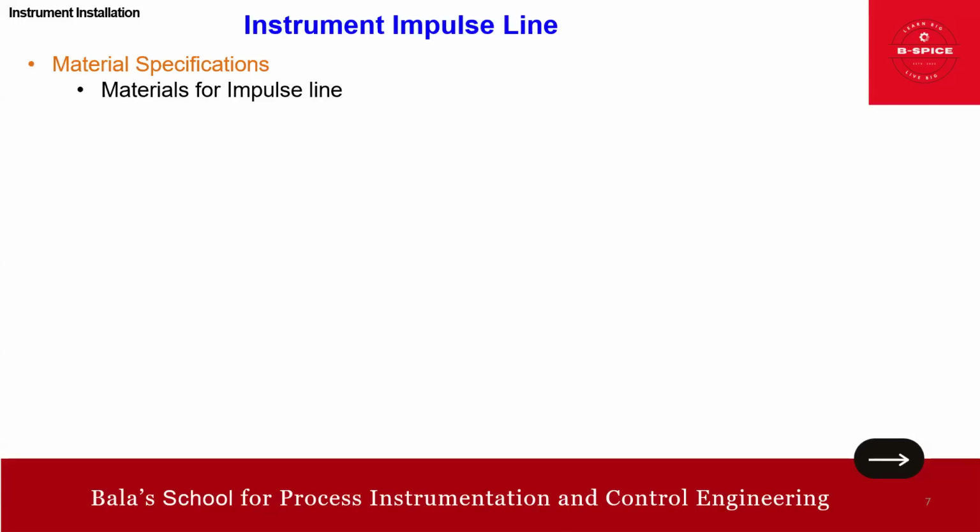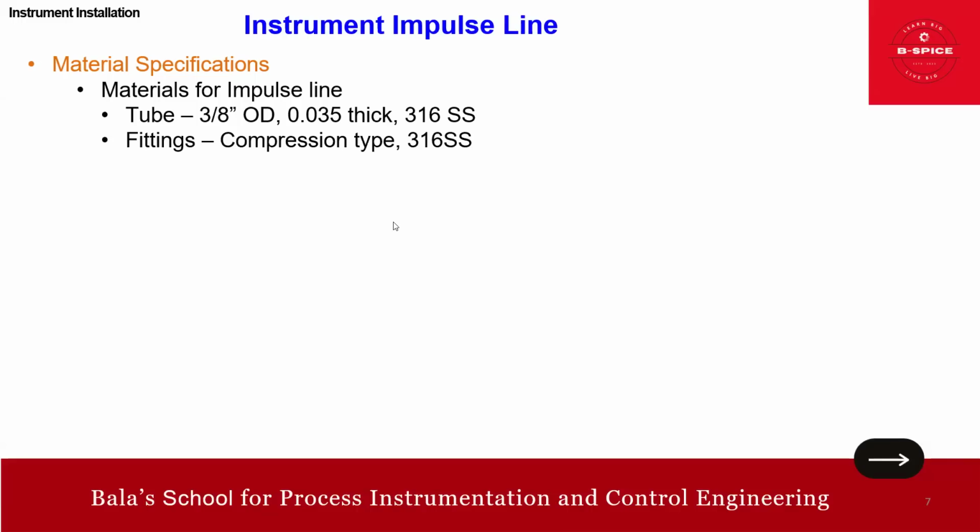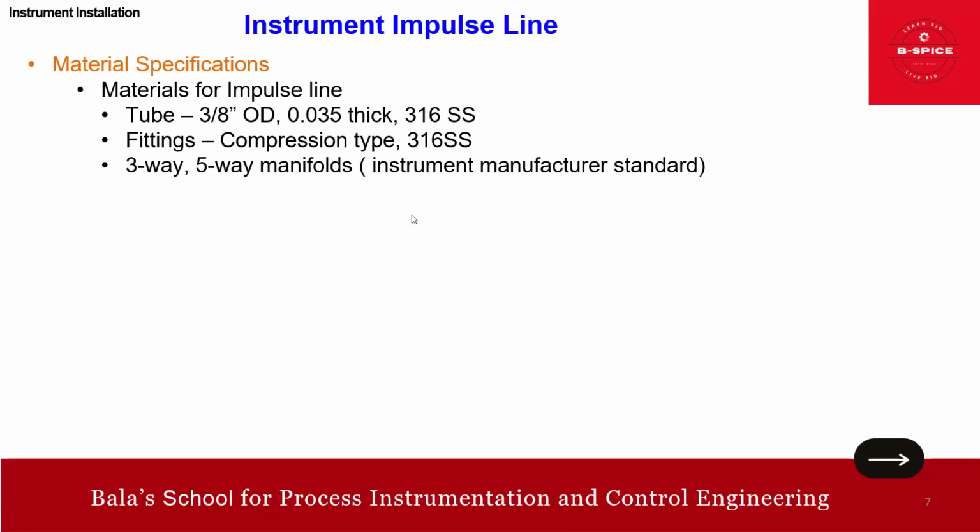Then material. When we talk about material, of course, it goes with your project spec, but we can use 3/4 OD or half-inch OD and 0.035 thick SS tubing. Fittings, of course, compression type, SS fitting. So probably you can use Swagelok or Parker, again based on your spec, and 3-way, 5-way manifolds supplied by the instrument manufacturer.